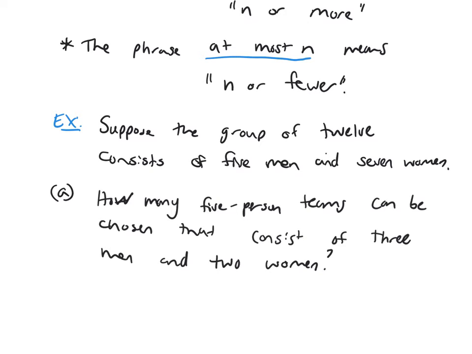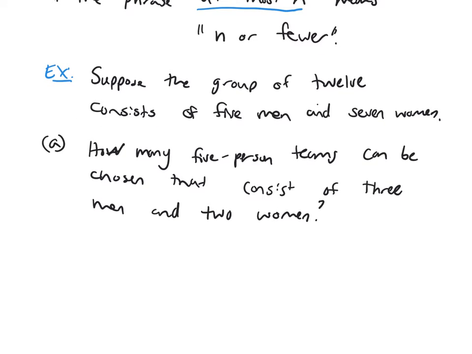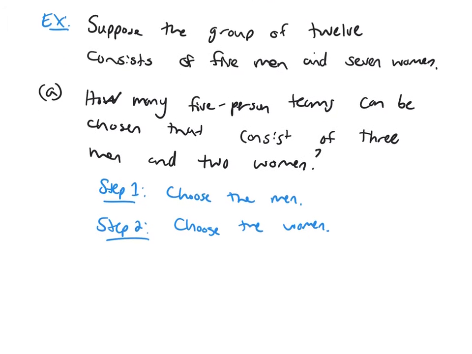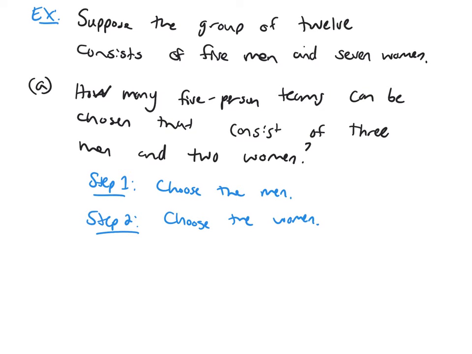You can think about this as a two-step process. Step 1, you're going to choose the men. And step 2, you're going to choose the women on the team. Starting with step 1: there were 5 men, and I need to select 3 of them, so it would be 5 choose 3.